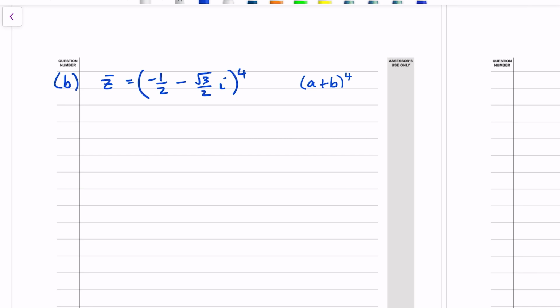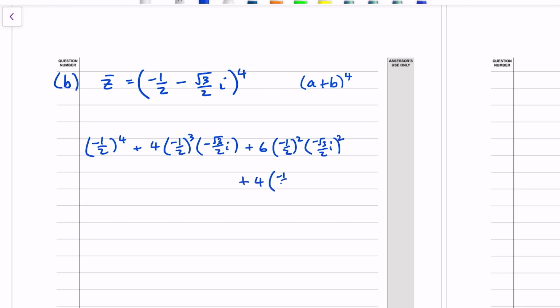So we've got one lot of negative 1/2 to the 4, 4 lots of negative 1/2 cubed times the next term, minus root 3 over 2i, just once, 6 lots of negative 1/2 squared times negative root 3 over 2i all squared, 4 lots of negative 1/2 just once with negative root 3 over 2i cubed, and then lastly 1 lot of negative root 3 over 2i to the power of 4.